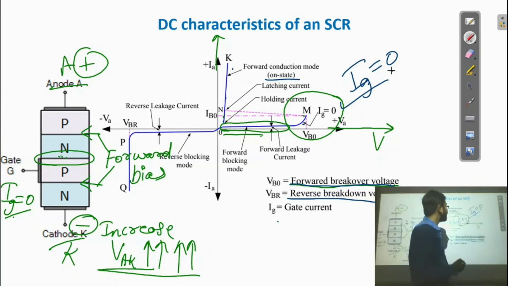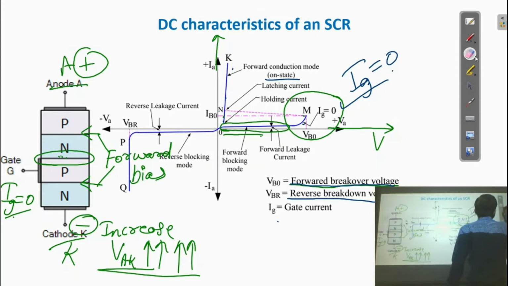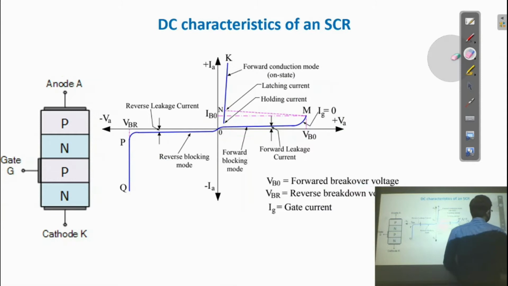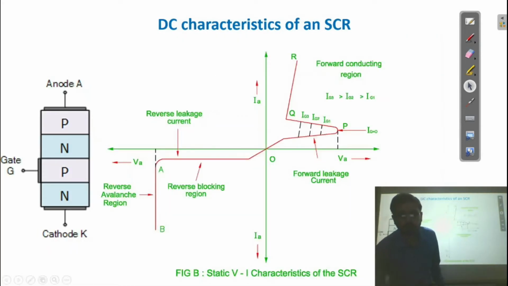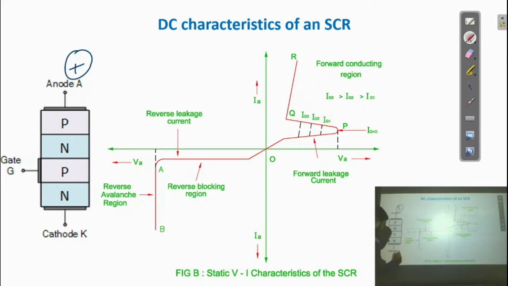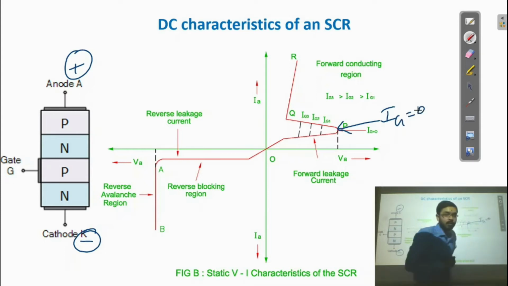Now let us take the next stage, case 2, where Ig will not be equal to 0. You can see this will be positive, this will be negative. This is when Ig equals 0.